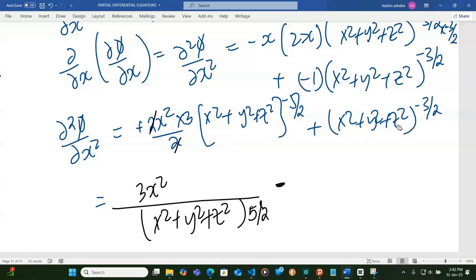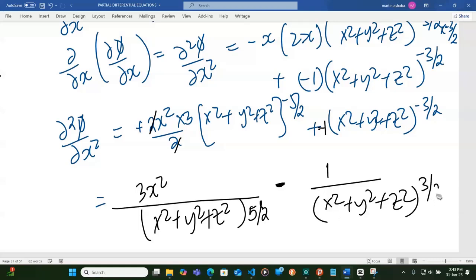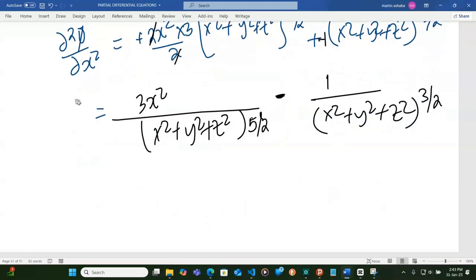Then remember I had a negative 1 here, so I will have negative 1 divided by (x squared plus y squared plus z squared) to the power 3 over 2. So that is del 2 phi del x squared.